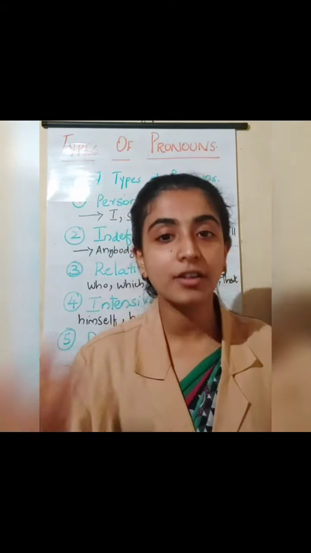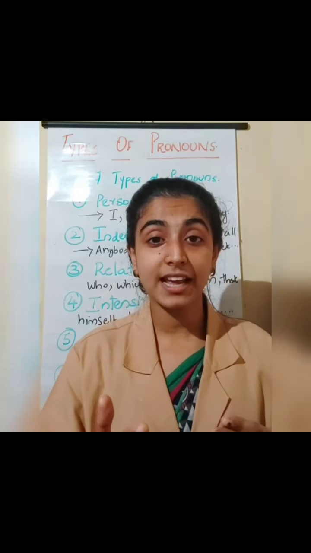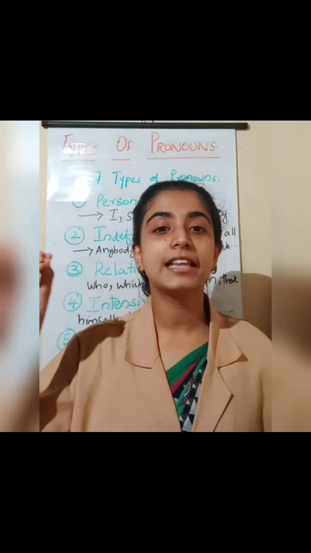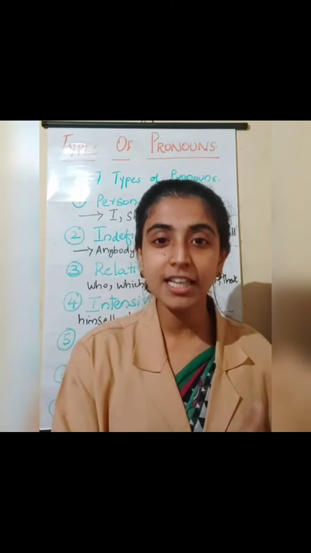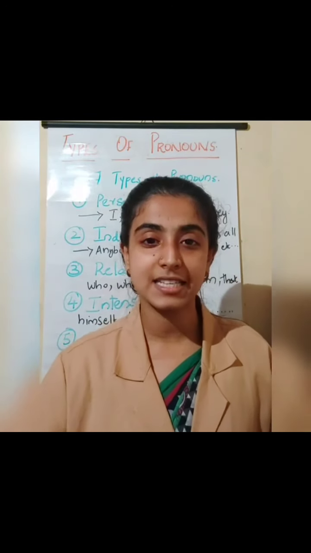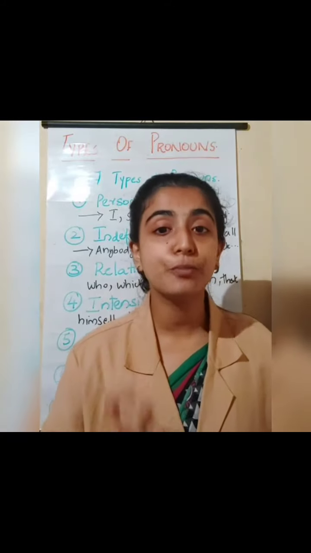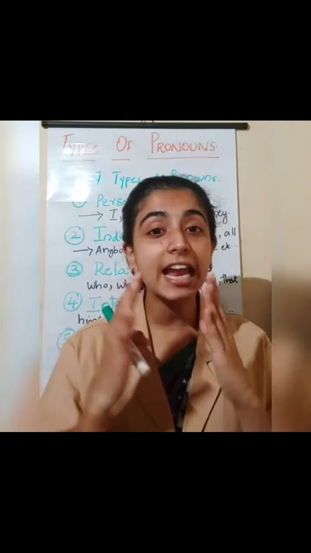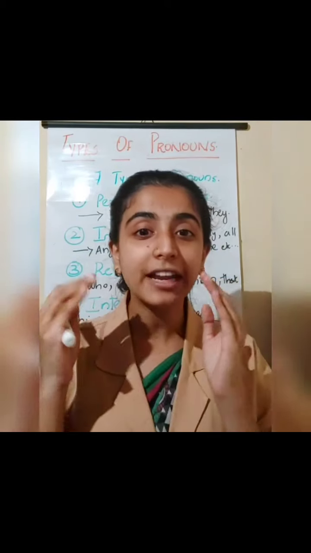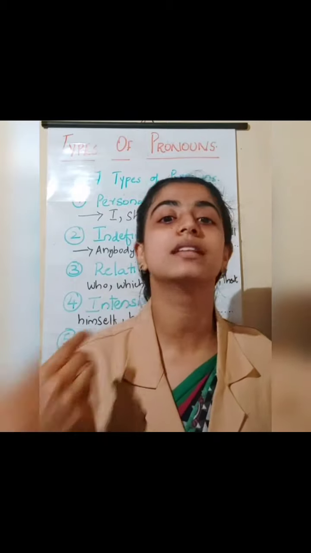Suppose I'm saying like this: he is Sonny, and this is the man who broke the glass. So which is the relative pronoun over there? The relative pronoun is who. Okay, why who? Because I want to relate something, isn't it? I want to join the sentences. So I can simply say, he is Sonny who broke the glass.